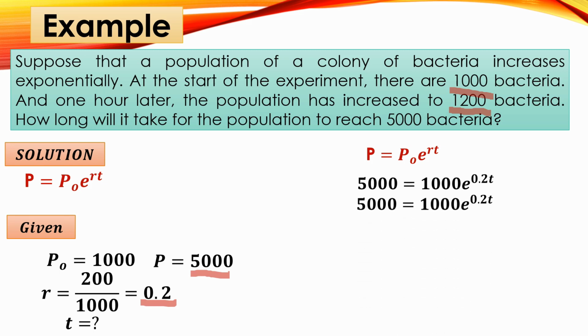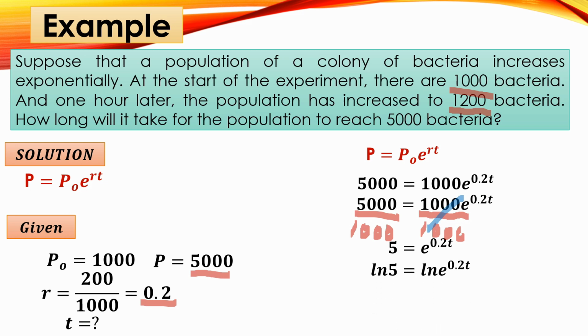Then what we're going to do here is, you need to divide both sides by 1,000. After that, cancel. 5,000 divided by 1,000 is 5, is equal to e raised to 0.2t. Then after that, simplify natin yan.